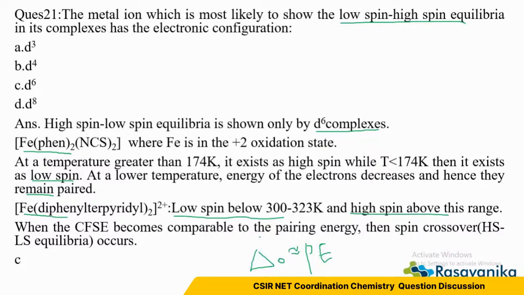Okay, so in these cases, the iron diphenyl terpyridyl 2, the CFSE becomes comparable to the pairing energy, and then this spin crossover, high spin, low spin equilibrium occurs. Okay, so it is an example of D6.